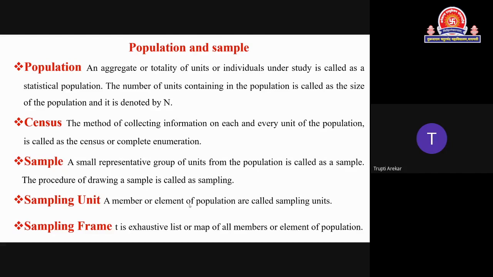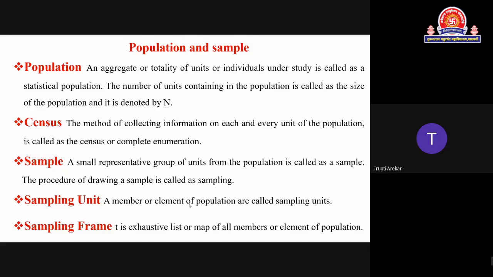In order to study the population, one way is to collect information about each and every element in the population. This method is known as census or complete enumeration. Census, the method of collecting information on each and every unit of population, is called census or complete enumeration.